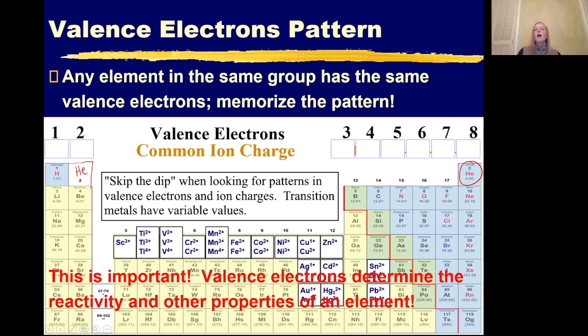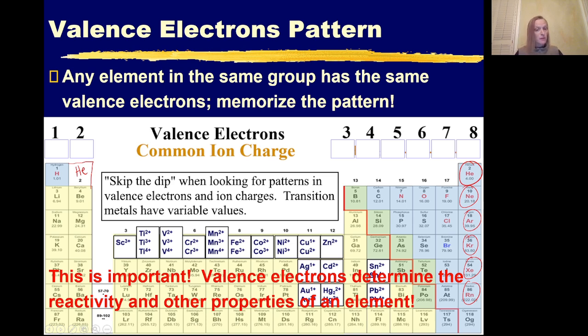However, because it has a full valence shell already, it acts like these other noble gases that have a full octet and are not reactive. It has a full valence shell, so it is not reactive. So helium we write over in group 18 because it's so chemically similar to those other elements.